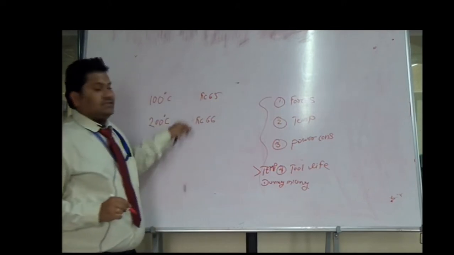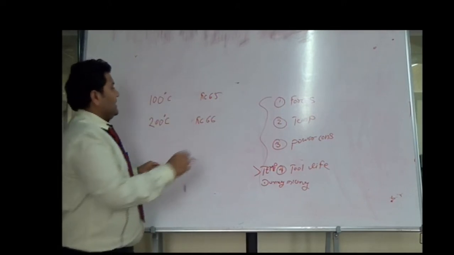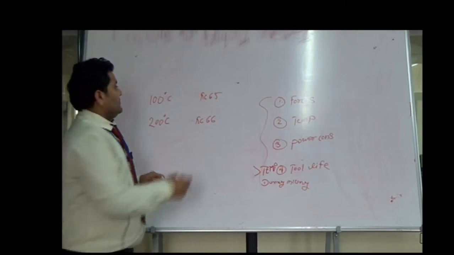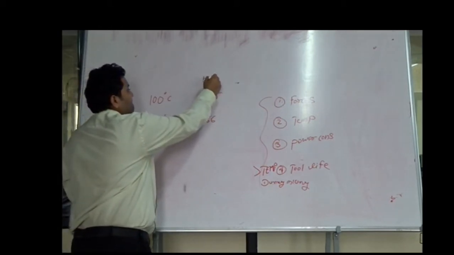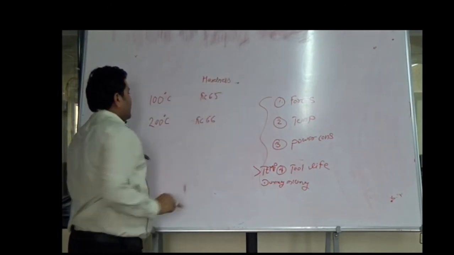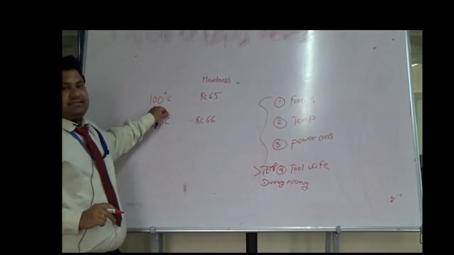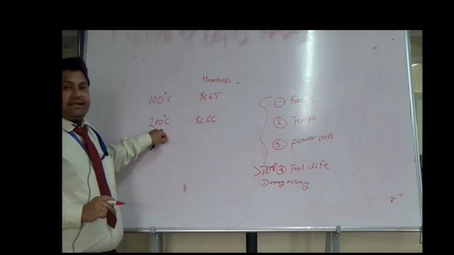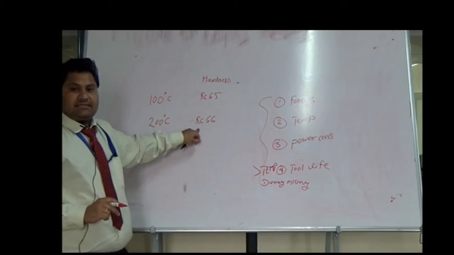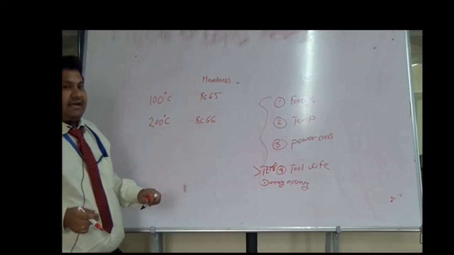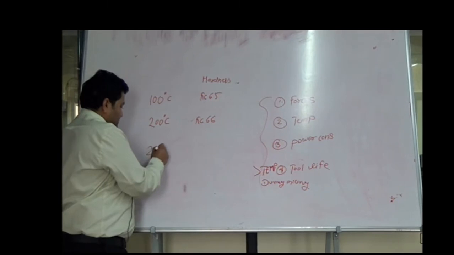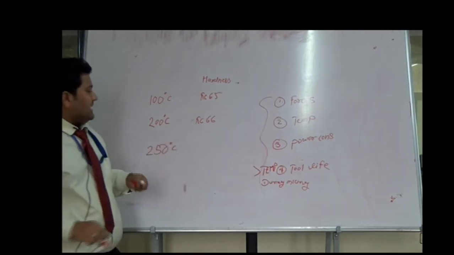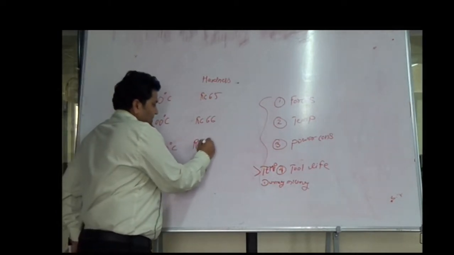This is the hardness number, and hardness is determined with the help of numbers. At 100 degrees Celsius the hardness is Rc 65, at 200 degrees Celsius it is Rc 66. If you increase the temperature again to 250 degrees Celsius, the hardness is Rc 67.